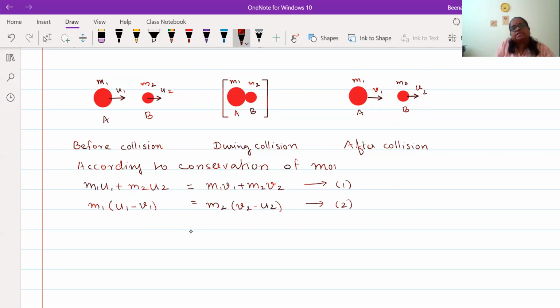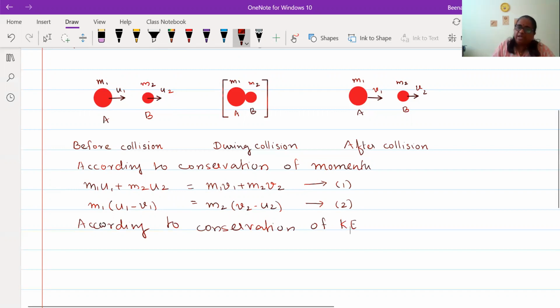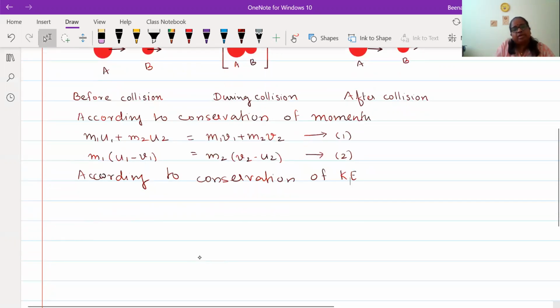And now we'll have to consider the conservation of kinetic energy. According to conservation of kinetic energy, the total kinetic energy before collision will be equal to the total kinetic energy after collision.